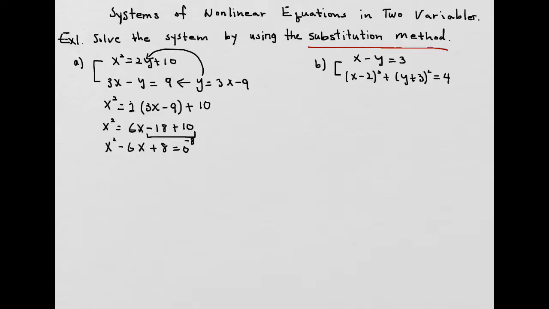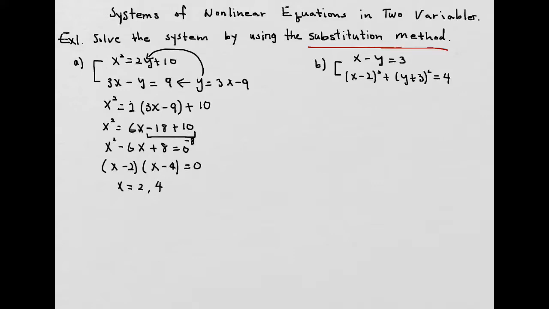And once it's standard form equals 0, if you can factor. If you cannot factor, you can use the completing the square method or the quadratic formula, right? And this gives you x equals 2 and positive 4.